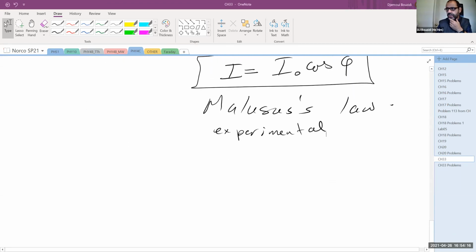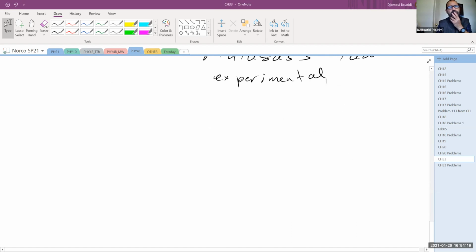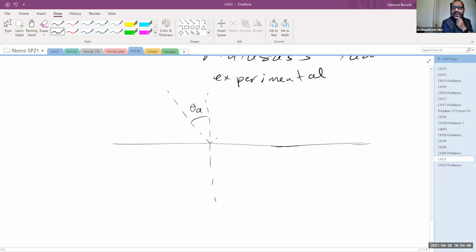There is another thing that has to do with polarization, at least a little bit, because again, we didn't really do chapter 32. Let's say light is coming through a medium. I'm not forgetting the fact that we need to prove those two laws using Fermat's principle, okay? So you have a material here, and part of the light that is incident here, at angle theta A, is actually reflected.